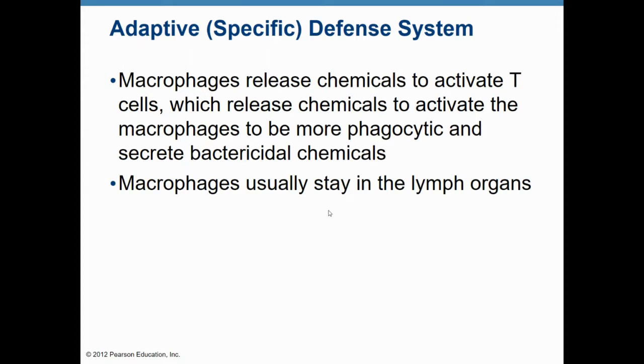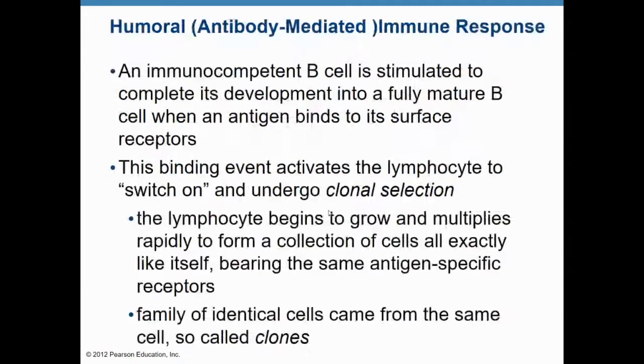They turn on the turbo and go out there and fight the infection. Now, macrophages usually stay in the lymphoid organs. So spleen, not the thymus, the spleen, the Peyer's patches, appendix, the tonsils, and so forth.